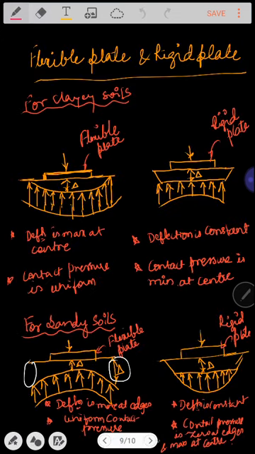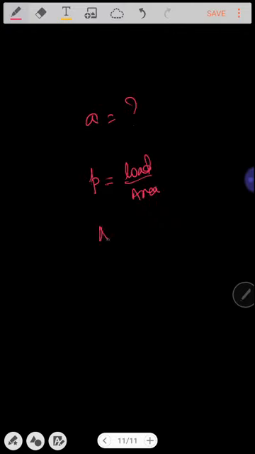Suppose a has to be determined. What is the value of a, which is nothing but the radius of the contact area for the flexible plate? We know from the expression of contact pressure, which is nothing but load upon area, that the area is equal to load upon contact pressure.